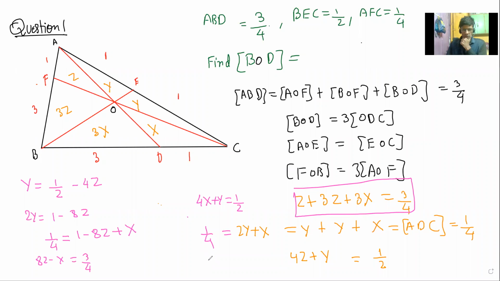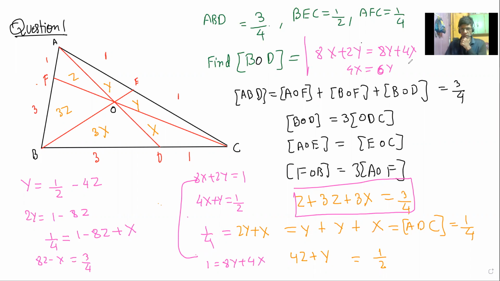Okay, let's do it. So 1 equals 8x plus 2y, and 8y plus 4x. You just equate these two things. So we get 6y equals 4x. So 2x is equal to 3y was just correct, right?